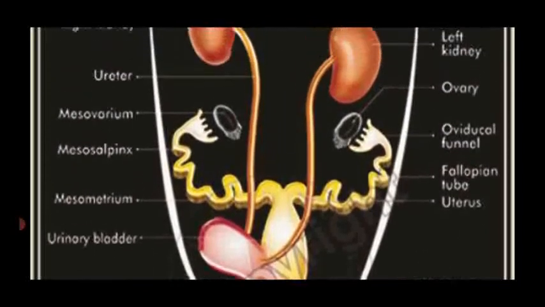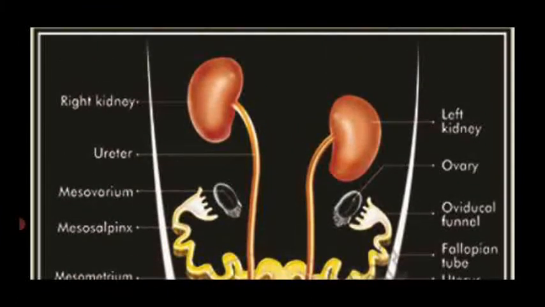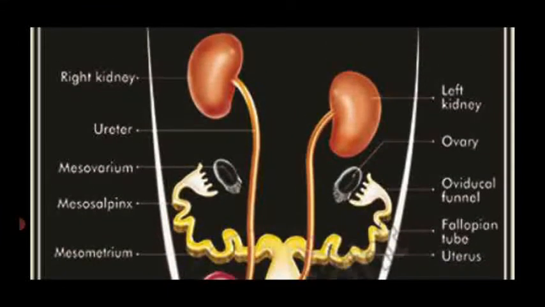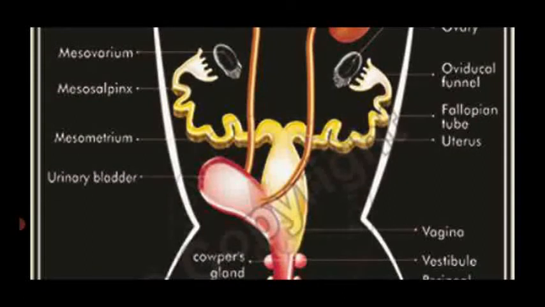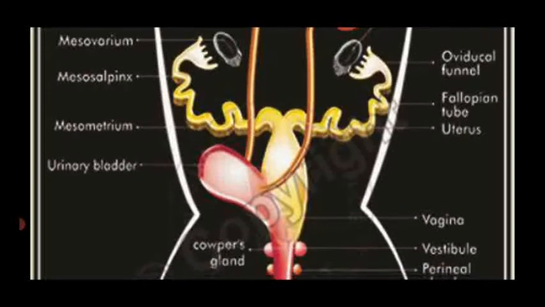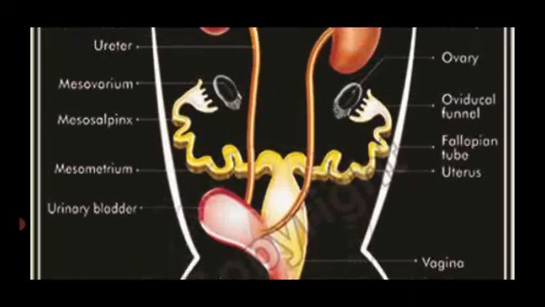So these are the different organs which constitute the excretory system of rabbit: a pair of kidneys, a pair of ureters opening into the bag-like structure called the urinary bladder. The urinary bladder leads into a thick-walled duct called the urethra.